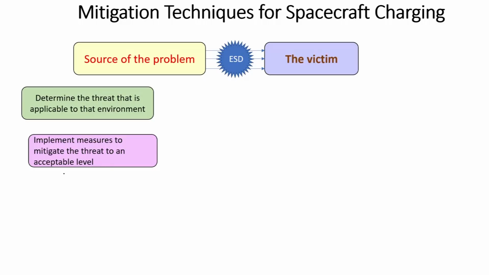So, the assessment of risks is important. Then you have to implement measures to mitigate the threats to an acceptable level, because you cannot eliminate them, but my spacecraft system should work. Up to that, the performance should be acceptable.